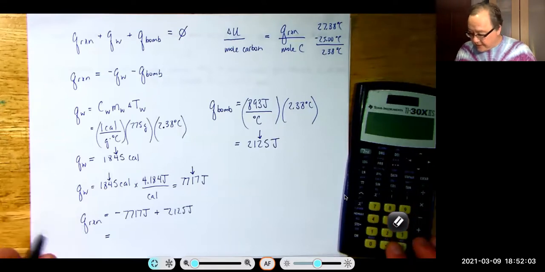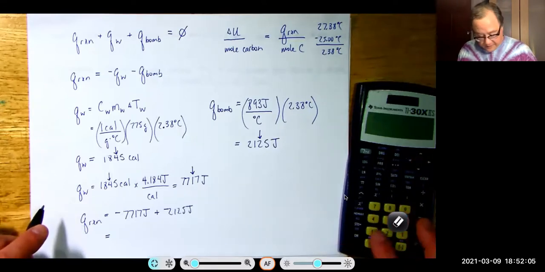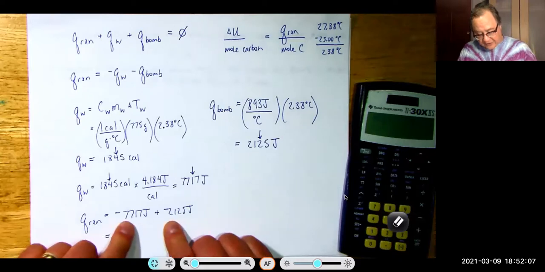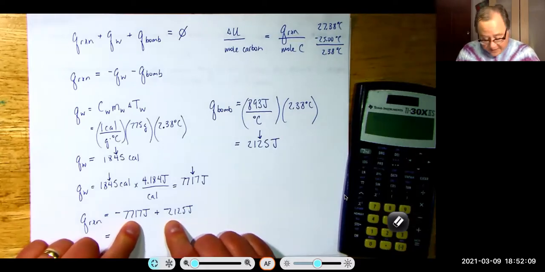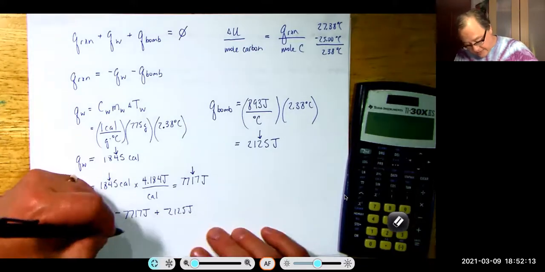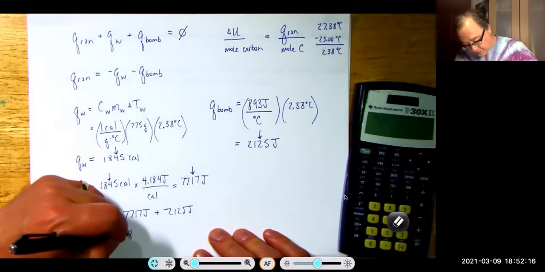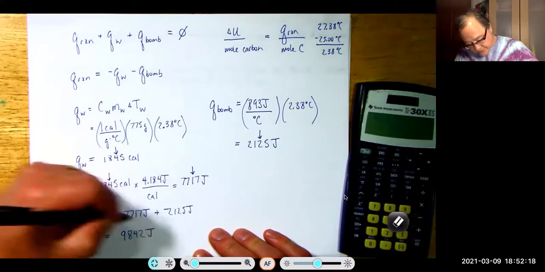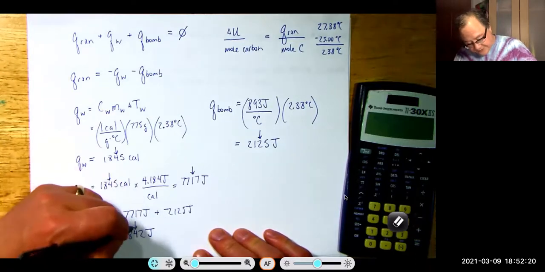And if I estimate this, basically I'm going to get 9,800 and something, right? So 9,842 joules. And we're good to the tens.